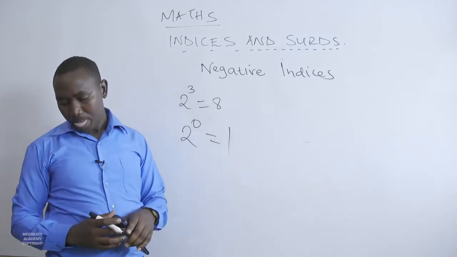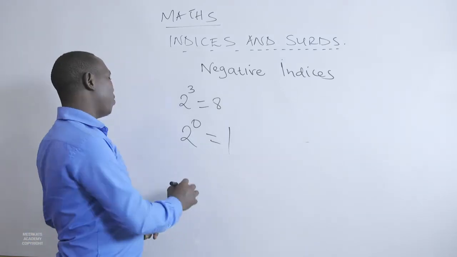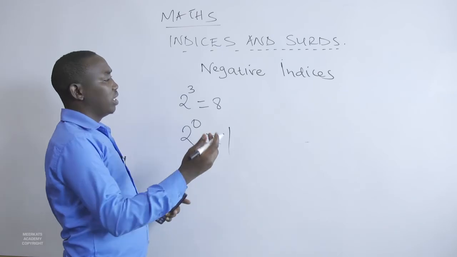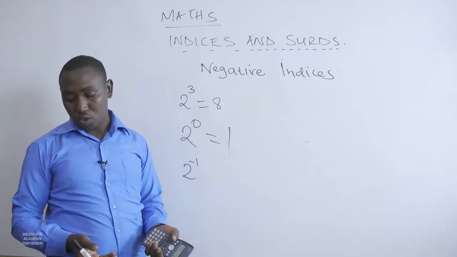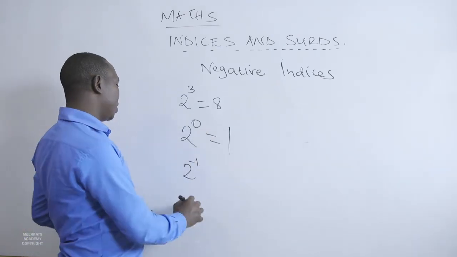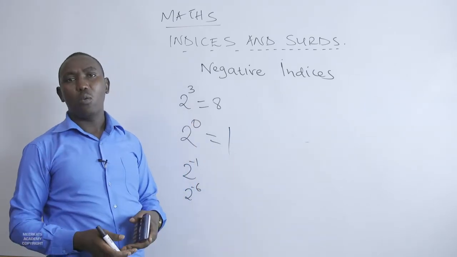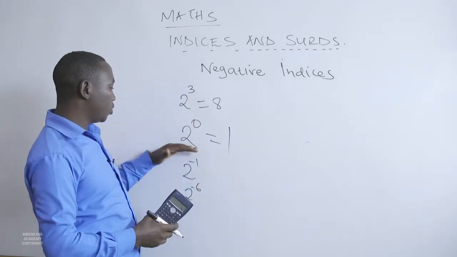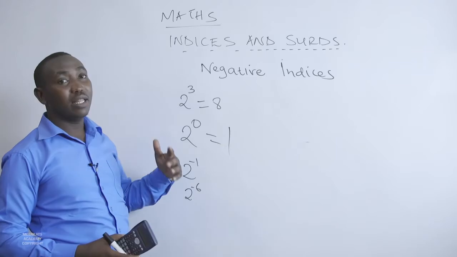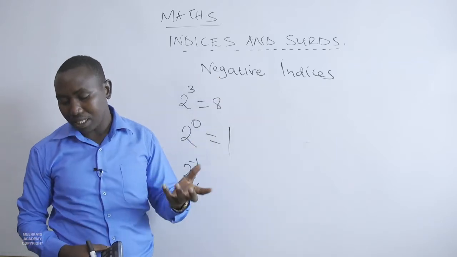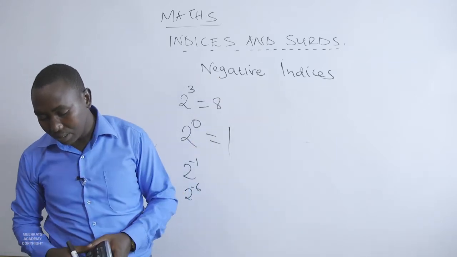We know that. But what about the case where you are given 2 now raised to negative 1? What should you do? Or you are given 2 raised to the power of negative 6. What happens? So these two cases are the ones we are referring to as the negative indices.